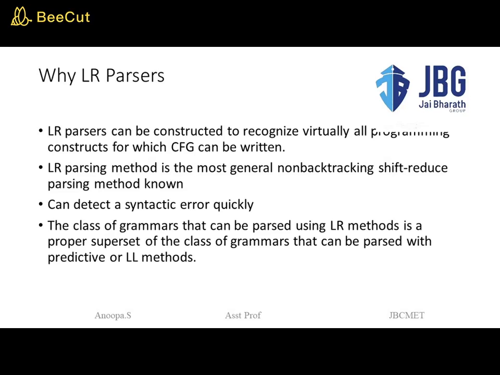Next we are going to see why we are using LR parsers. The first point is that it can be constructed to recognize virtually all programming constructs for which a CFG can be written. So for every programming construct for which a CFG can be written, we can construct a corresponding LR parser. Second, it is the most general non-backtracking shift reduce parsing method. We have seen what non-backtracking is and how we do shift reduce parsing.